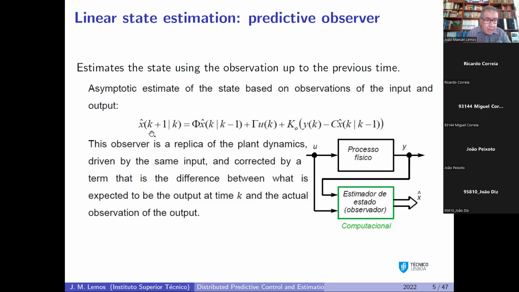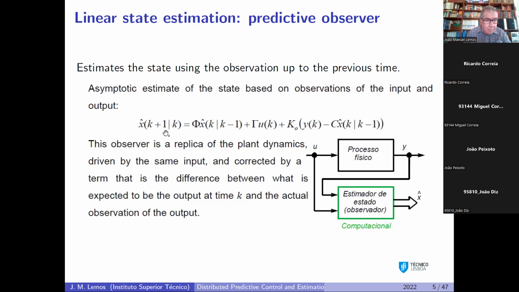Suppose that we write k instead of k plus 1, so that's k given k minus 1, then k given k minus 1 given k minus 2, and so on.